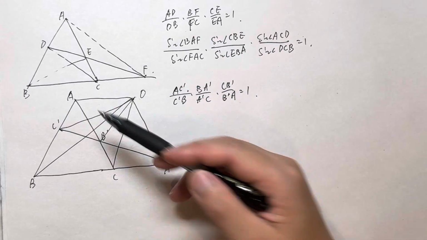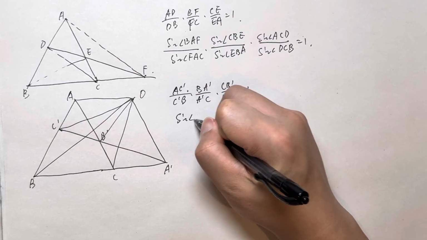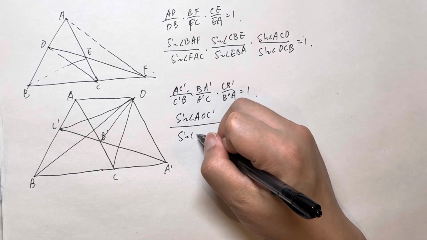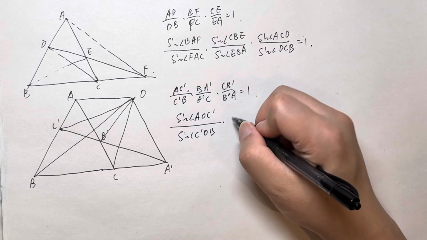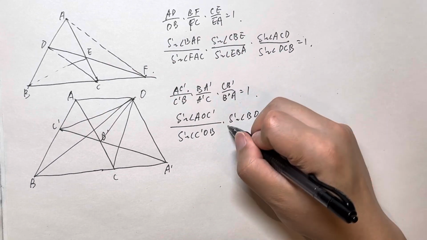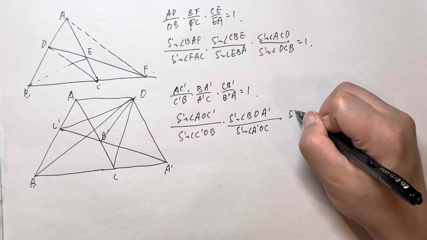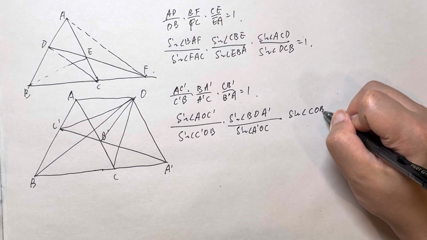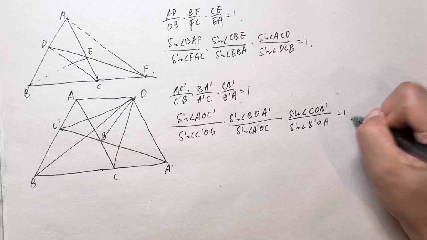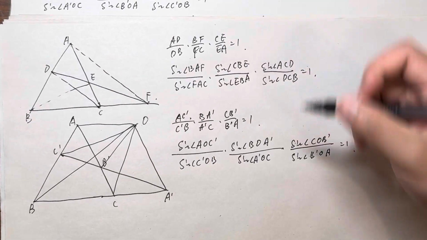Then AO, BO, CO all cancel, which means it's just sine angle AOC' to sine angle C'OB, times sine angle BOA' to sine angle A'OC, times sine angle COB' to sine angle B'OA, equals 1.